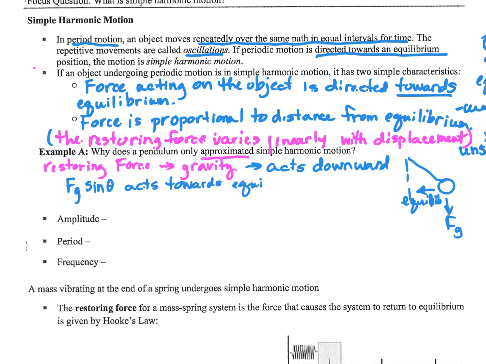Now, we can still treat it as simple harmonic motion if the angle it makes is relatively small, which is why you'll never see one of these questions talking about a really big angle. It's just a very small angle. We can have simple harmonic motion if theta is less than about 20 degrees.